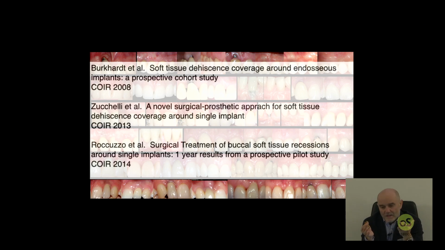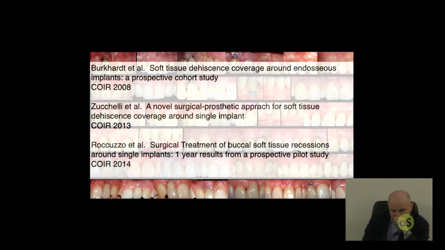The result of this quite short-term study demonstrates that even the short-term outcomes are not satisfactory, and as time passes from 3 months to 6 months, there is a worsening in the coverage, namely some further recurrence of the original recession. So from this data, we can consider that treating implants by leaving the implant-supported crown and using the traditional bilaminar technique to cover this dehiscence is something that does not work.